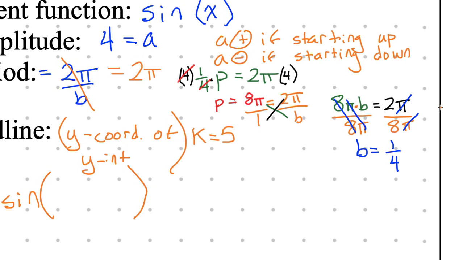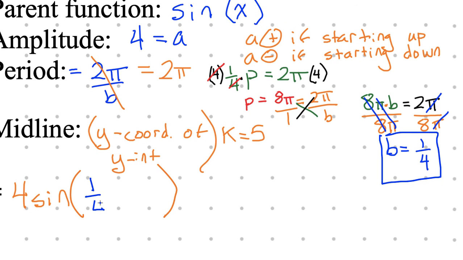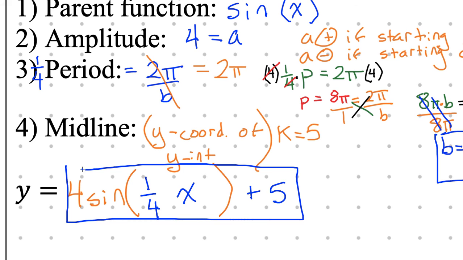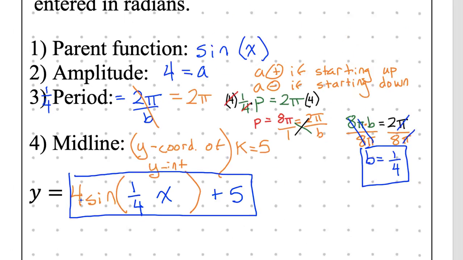So b we wrote over here. Maybe I should box all of my variables so I can actually find them. So I have b is equal to 1/4, so 1/4 of x, and then finally plus k, plus 5, and box it. Whew, that was a bit of work, and it is going backwards, but there it is. You have created a formula from purely 2 points.